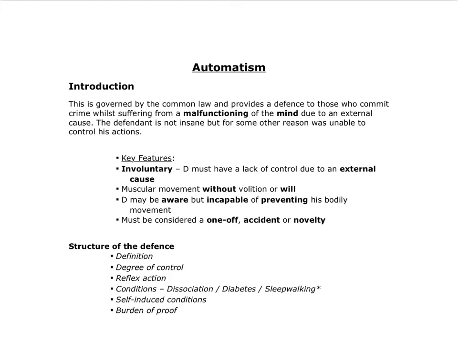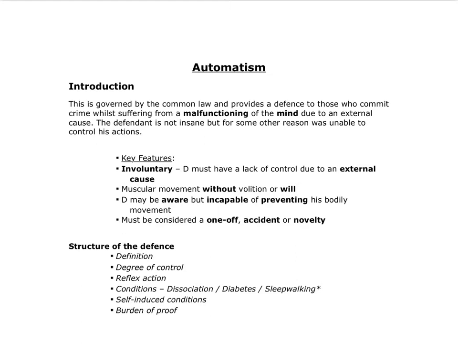So, key features of the defence: the actions of D must be deemed involuntary. So D must have a lack of control, and that must be due to an external cause. Second bullet, D's actions must represent muscular movement without will or volition.